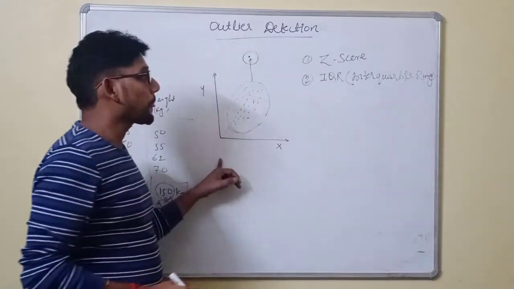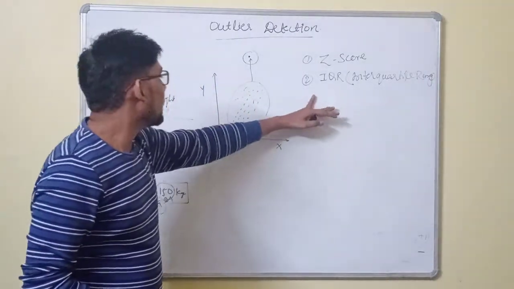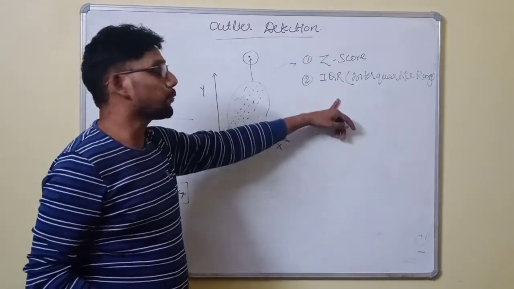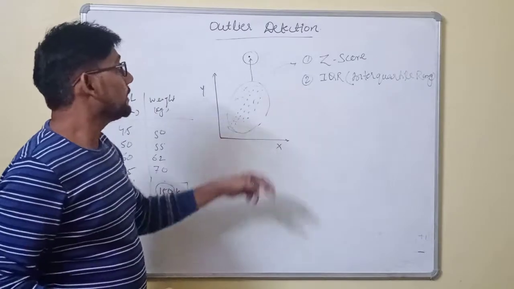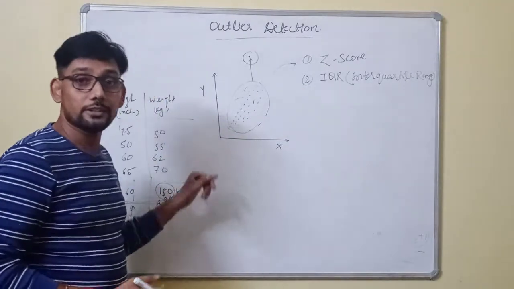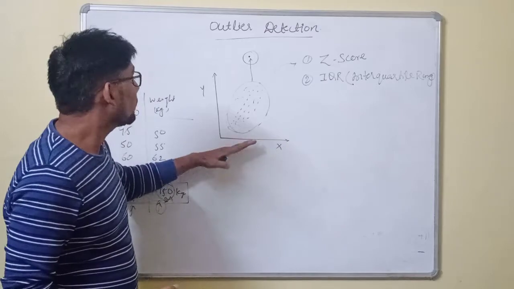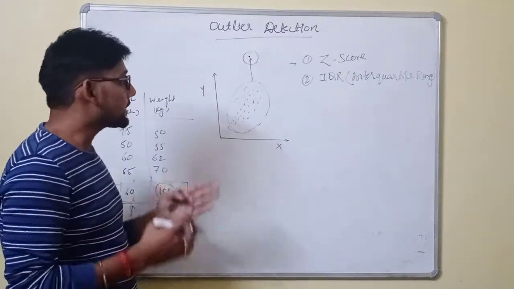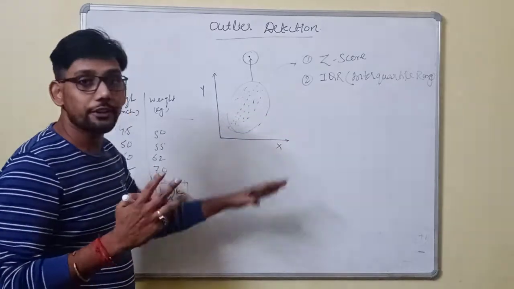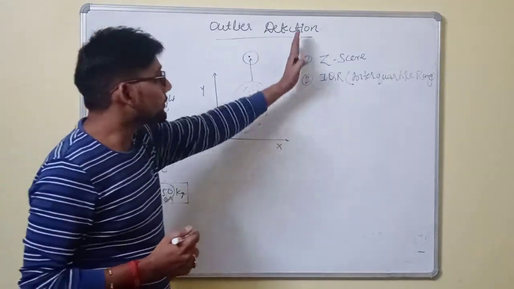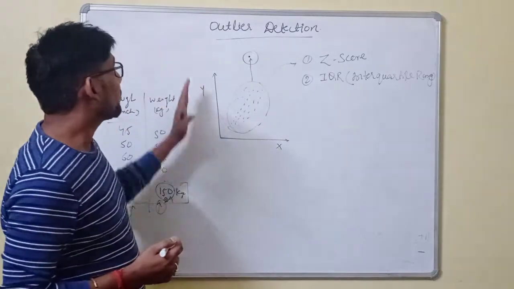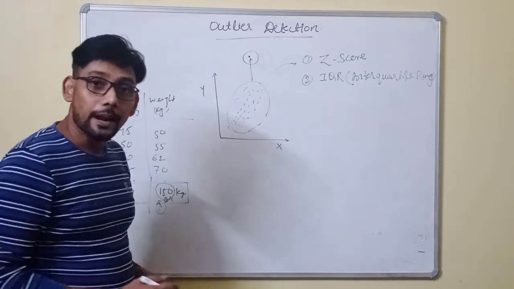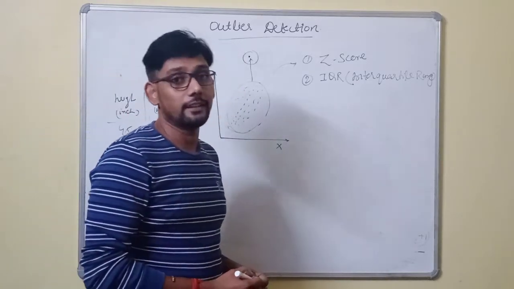So guys, in this video lecture, I will just explain the concept of Z-score and IQR, and in the next video lecture we will see the practical statistical calculation on a very short data set. So basically I will create three videos on outlier detection. One is for concept clearance, the second one is for statistical calculation, and the third one is for practical implementation using the Python language, right?